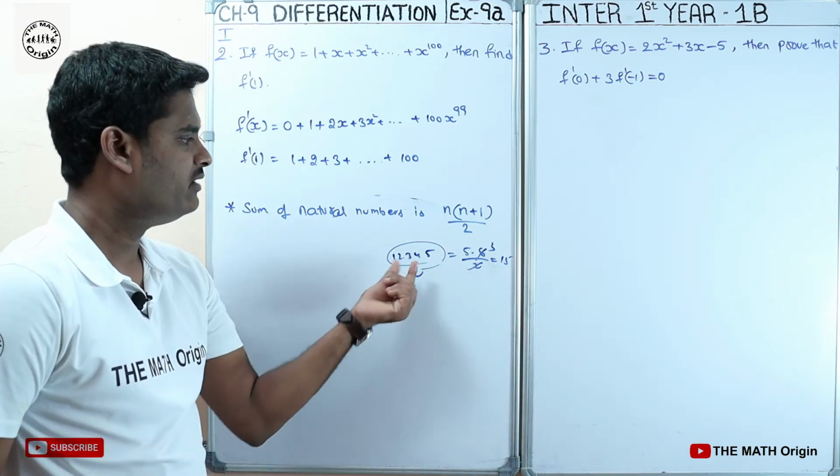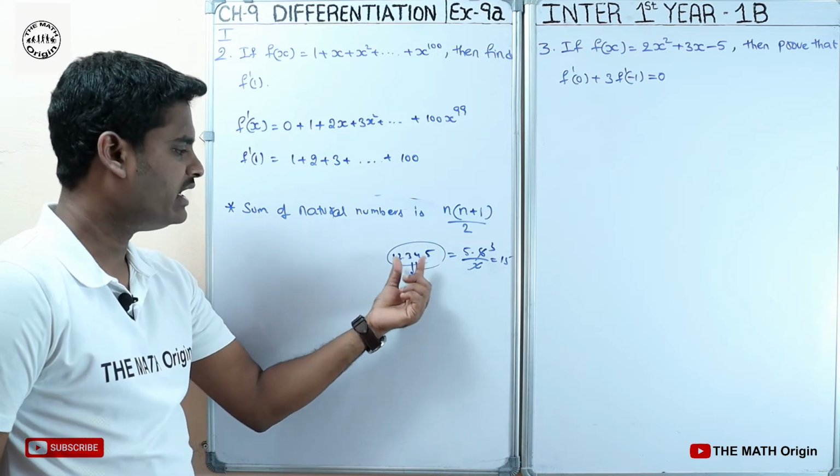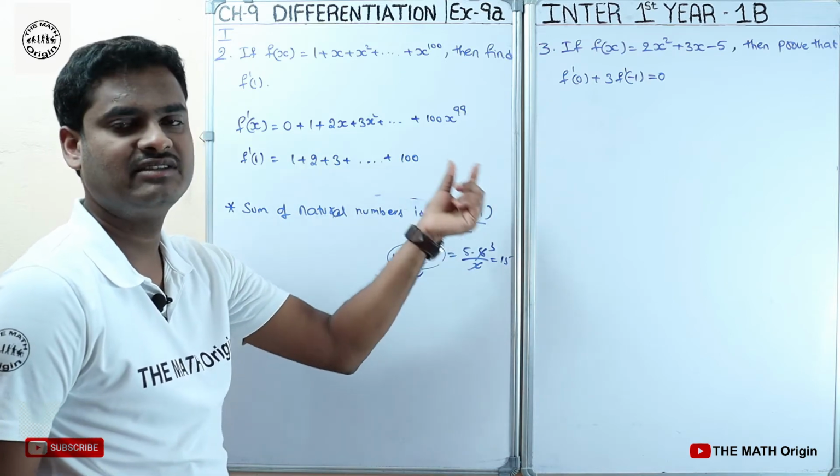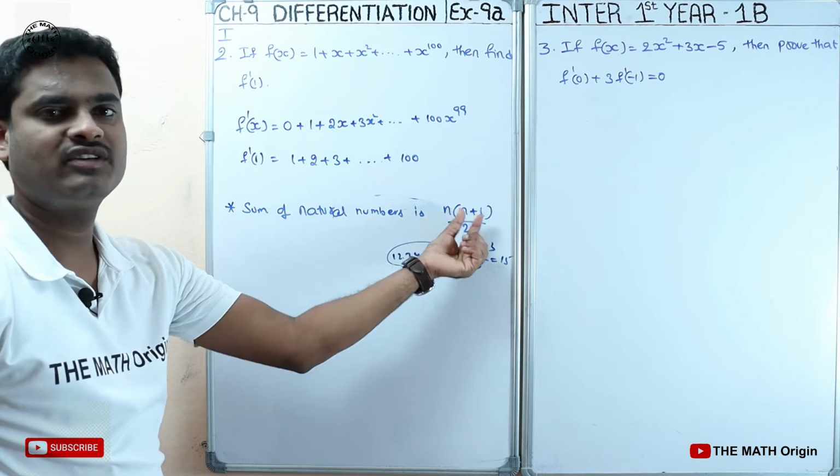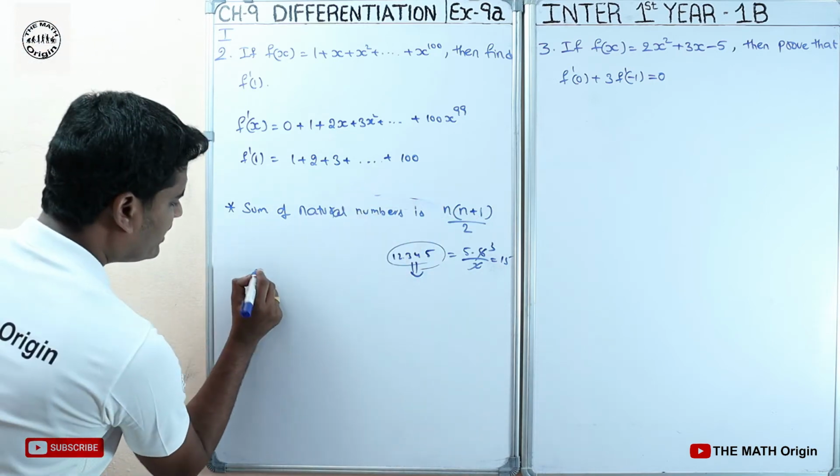So we got 15. For small values, yes, we can do manual addition, but if it is a big value, like 60, 70, 80, then substitute the value in the formula and it will give the exact value.